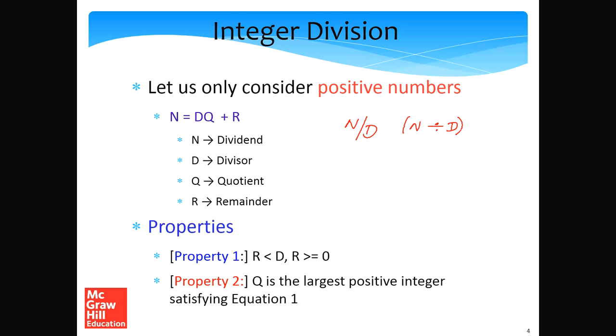In this case, we'll have a quotient and a remainder. For example, if I divide 5 by 2, the quotient is 2 and the remainder is 1. This can alternatively be said that n, which is the top number, is called the dividend, and d is the divisor.